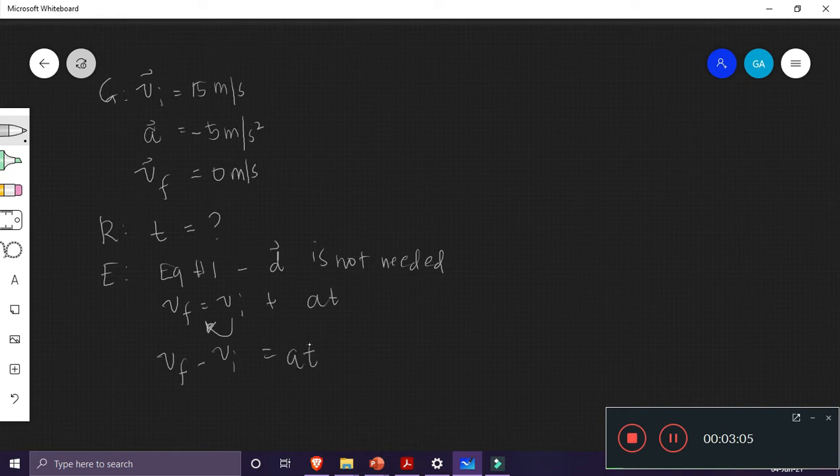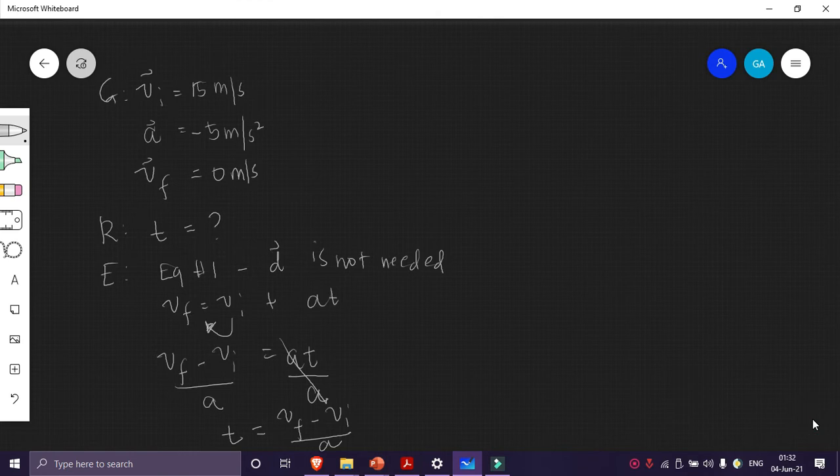So, as you can see, katabi pa rin ni time si acceleration. So, we divide both sides by A para ma-cancel out siya and that will become T is equal to VF minus VI over A. So, this will be the working equation na gagamitin natin in solving the problem.